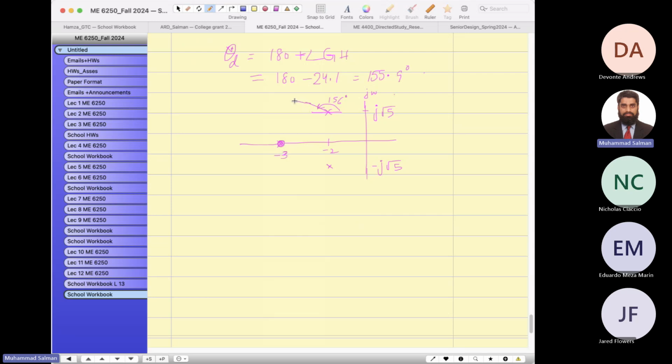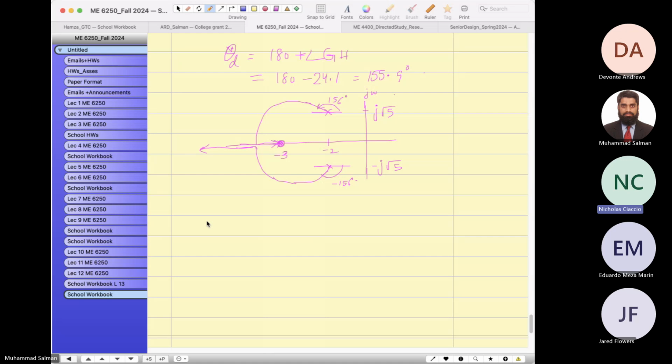It will keep on increasing and join the open loop zeros here. Similarly, you have to draw the negative 156 for this case, which is over here. This is symmetrical about the x-axis, so it will touch here and go to the asymptote, which is going over here. So this is your answer for this question.